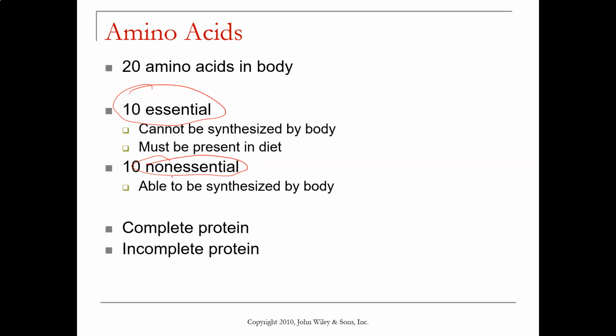If you can, then they're considered non-essential because you can make them. But if you can only get them through your diet, then they're considered essential amino acids. Okay, so complete proteins contain all the essential amino acids. Incomplete do not.